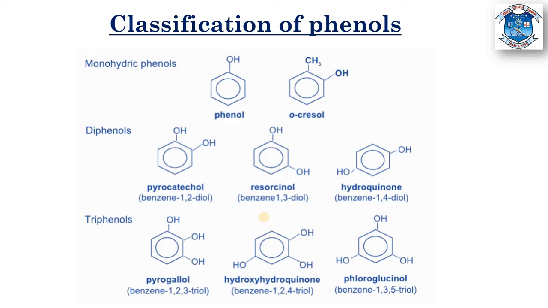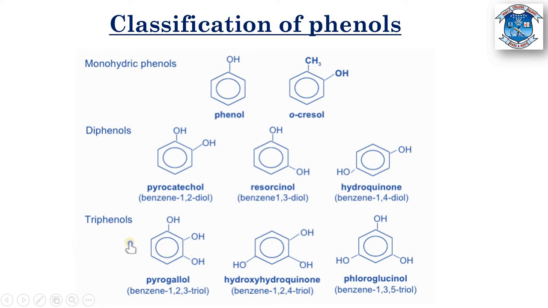Phenols are classified into mono, di, tri or polyhydric phenols, depending on whether they contain 1, 2, 3 or more hydroxyl groups. For example, if there is only one OH group, it is called a monohydric phenol, like phenol, orthocresol, etc. If there are two OH groups, it is called a dihydric phenol: benzene 1,2-diol, benzene 1,3-diol, which is commonly known as resorcinol, hydroquinone, etc. This is actually quinol, and the keto form is hydroquinone.